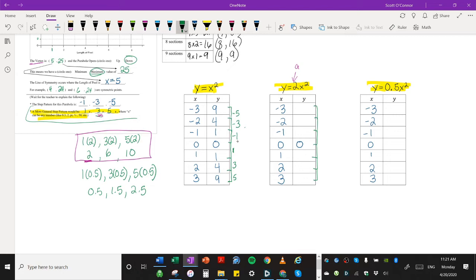Well, look here, when we went up, we went down -1 or up 1, depending on which direction you're looking for. But we have to multiply that by 2, so that's going to become -2. And we have to multiply this by 2, so that's going to become -6. And we're going to multiply this by 2, and that's going to become -10. And so what that means is, this is going to be 2, because if you think of it, we're going down 2 from 2 to 0, right?